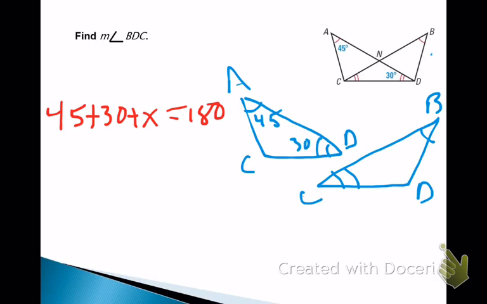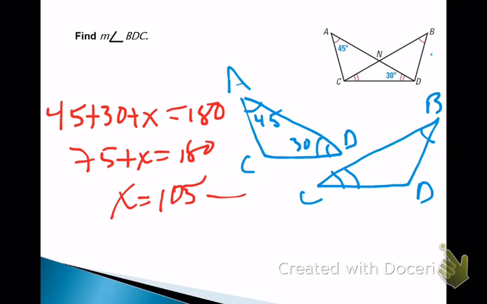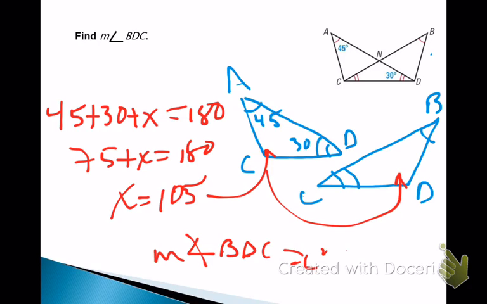Right? So this is 75. Subtract 75 from both sides and you get 105. So this angle is 105. Now by the third angle theorem, D over here has to be the same thing. So angle D is going to be 105. So the measure of angle BDC has to be 105 degrees.